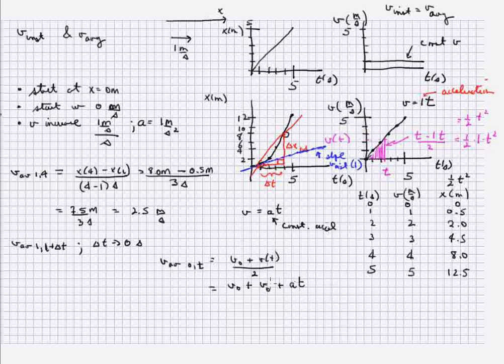So we can add those two terms together and divide by 2 to get my average velocity. That is, v0 plus v0 is 2v0 divided by 2 is just v0. And then at divided by 2 is equal to plus 1/2 at. So that's my average velocity.